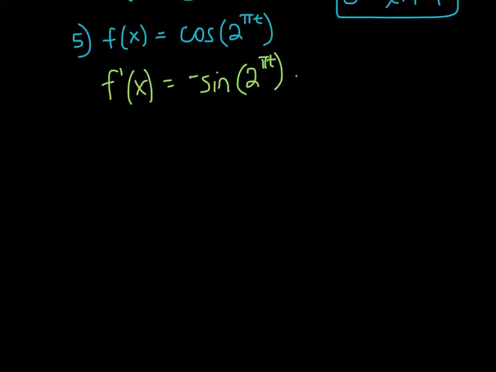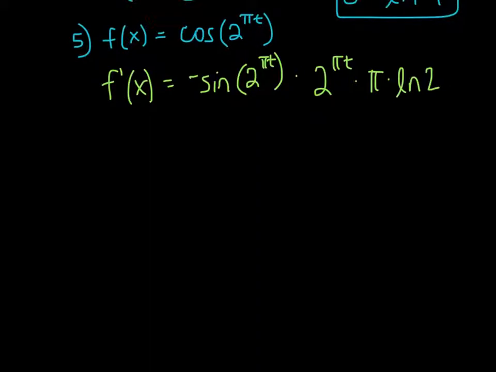Then we're going to take the derivative of the angle. And when we take the derivative of the angle, here's where the exponential, the new rules, come in. So we copy down what we have, 2 to the pi t, times the derivative of the exponent. Well, the derivative of pi t, remember pi is a number, and so the derivative of pi t is simply pi, times the natural log of the base, so 2.